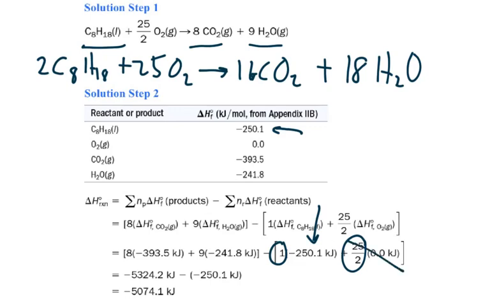So this is a moot point. That's going to be 0 anyways. So when you do the sum of the products minus the sum of the reactants, you get this as your delta H for the reaction. Now we're not done. We're going to use that now for the next step.